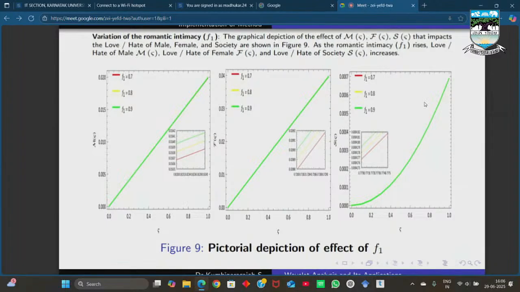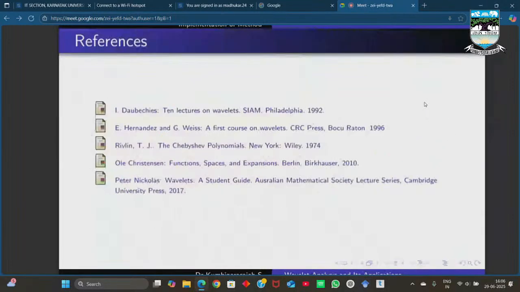This is the new model we considered, using this wavelet technique to analyze these results. So obviously, this nature will be valid in our society. Therefore, we can accept that our technique yields better results for analyzing many different mathematical models. So this is our presentation.